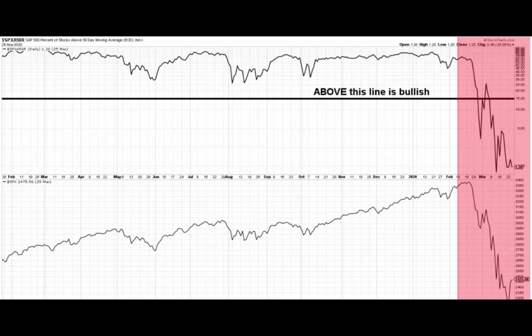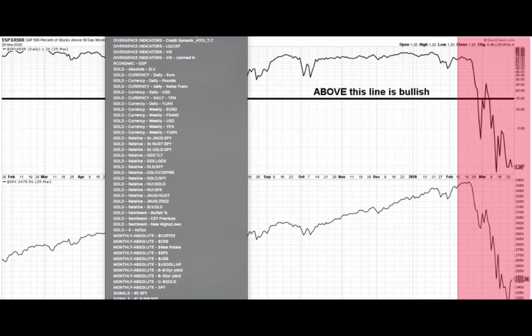But as you can see, it's still not turning up. Interesting, it did pop above here once at the beginning of the correction and then it came down. But look at this, that's 1.2% of stocks in the S&P above their 50-day moving average. So we need to wait for that to turn around.